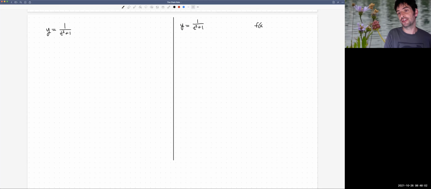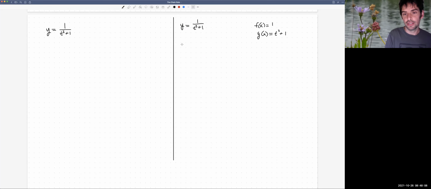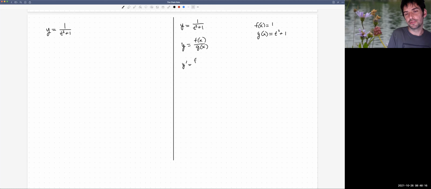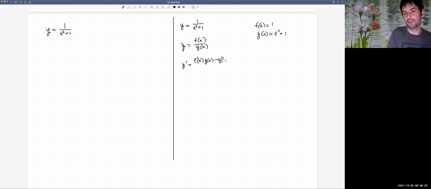If I take f of x is equal to 1 and g of x is equal to t squared plus 1, then I can say that y is equal to f of x over g of x, which means that y prime is equal to f prime of x, g of x, minus g prime of x, f of x, all over g of x squared.